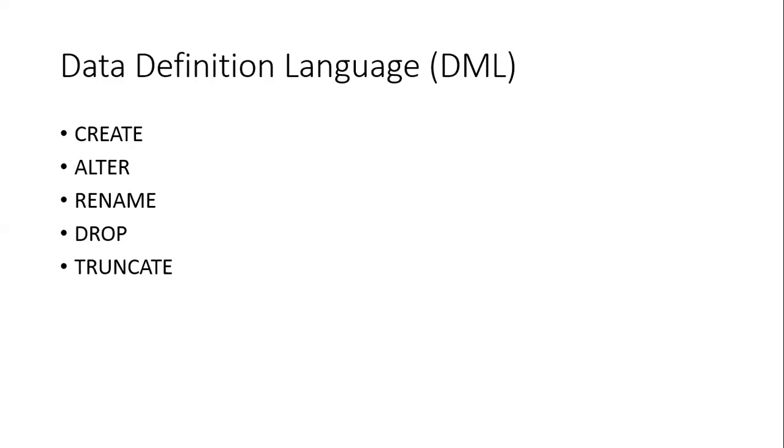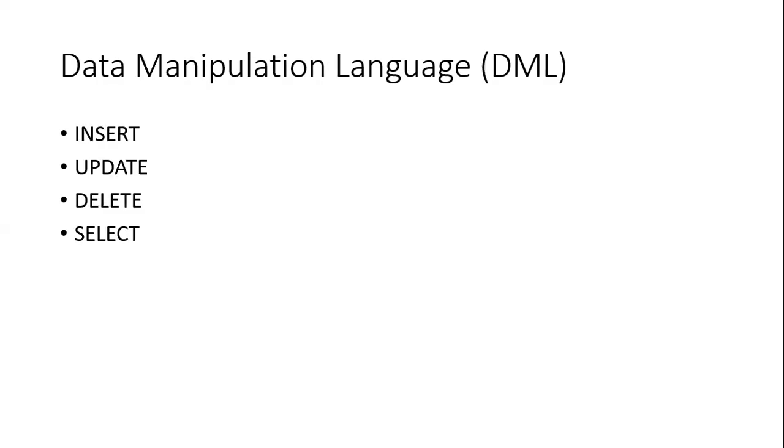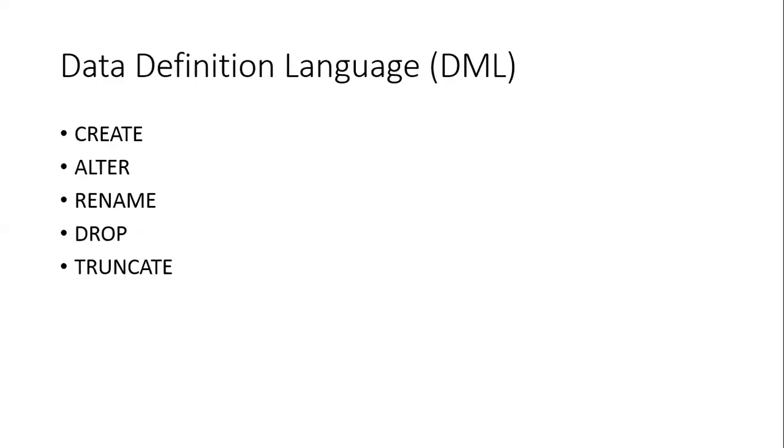Then truncate. Truncate is used to remove all the rows of an object. Let's say you want to remove all the rows of a table, you use the truncate statement to do that. You can also use delete to do that, delete or truncate.